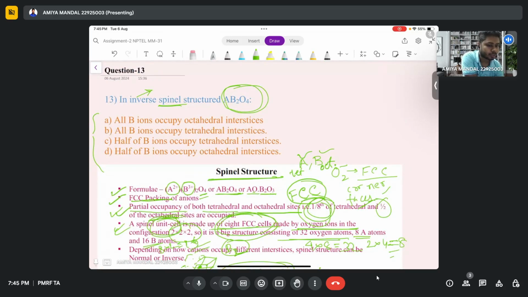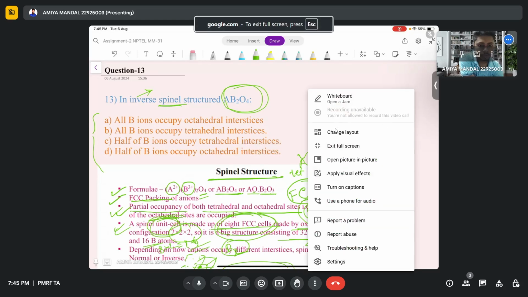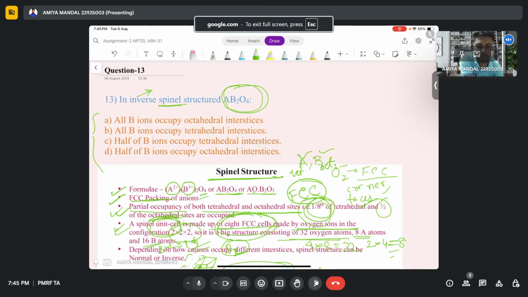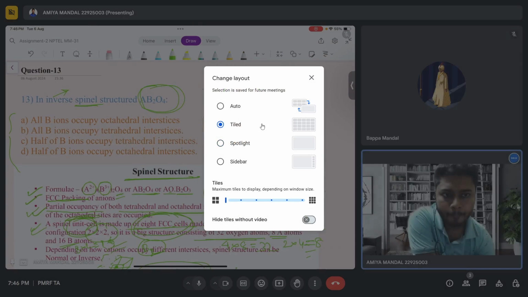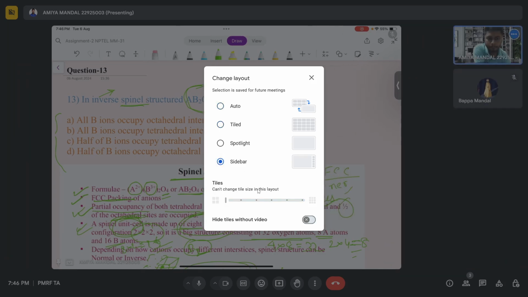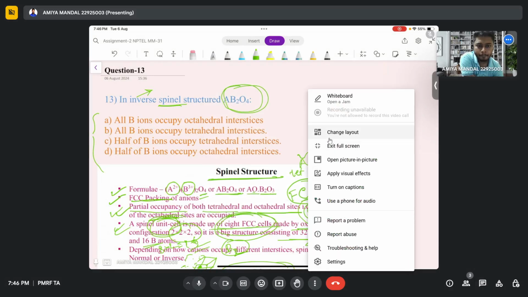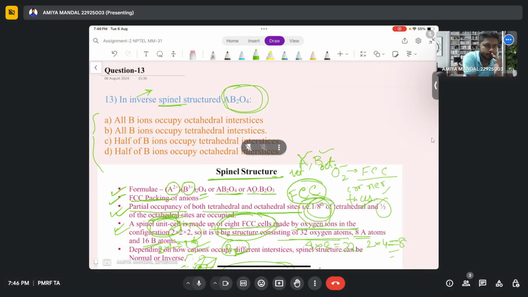In inverse spinel structure, A, B, B also, we can tell like that.